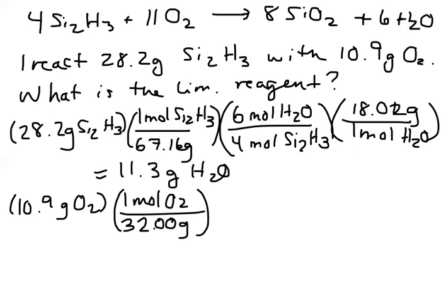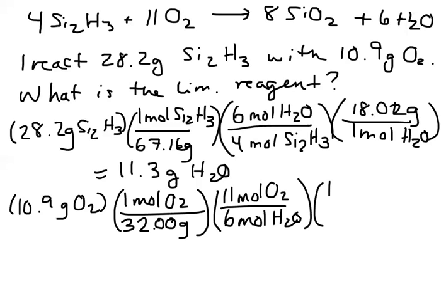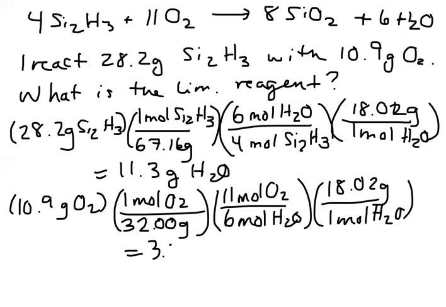And then our molar ratio is going to be 11 moles of O2 to 6 moles of H2O. And once again, we're going to use 18.02 grams per 1 mole of H2O, which will give us 3.35 grams of H2O.